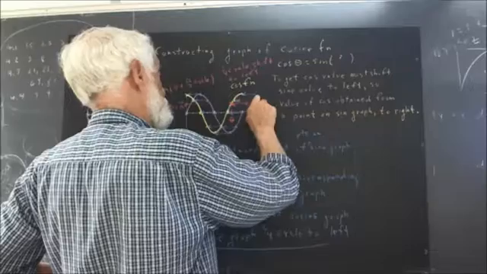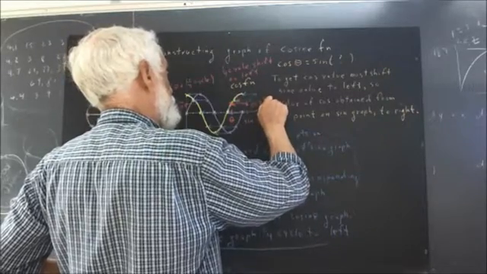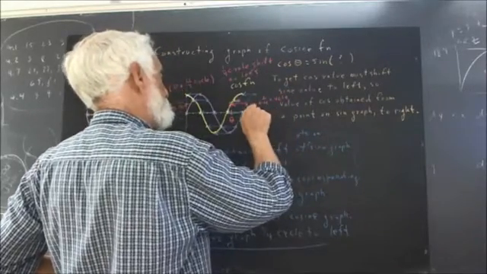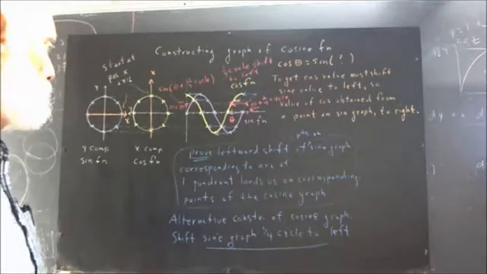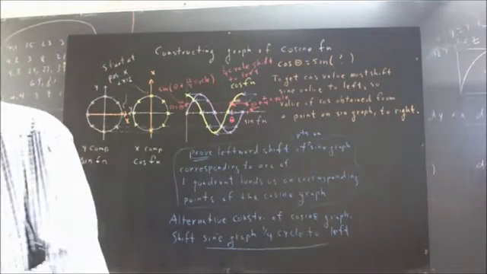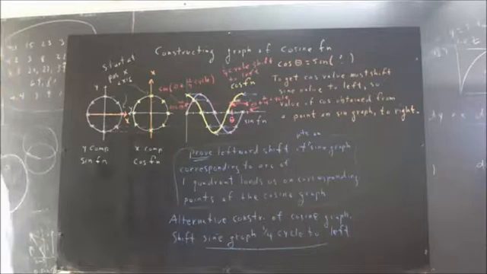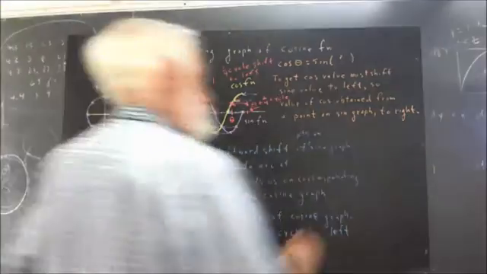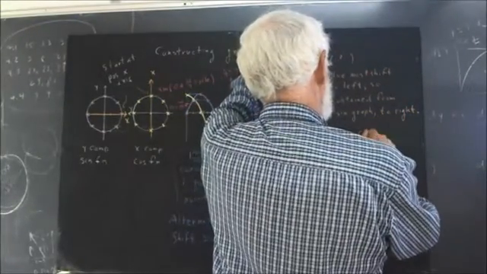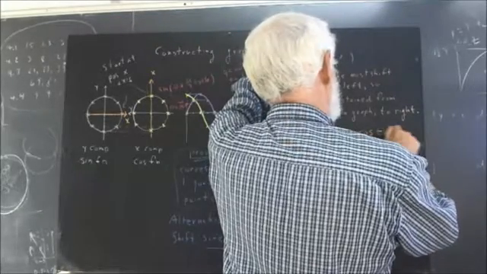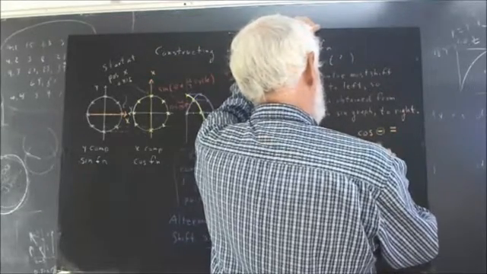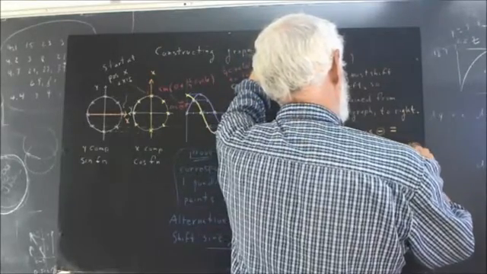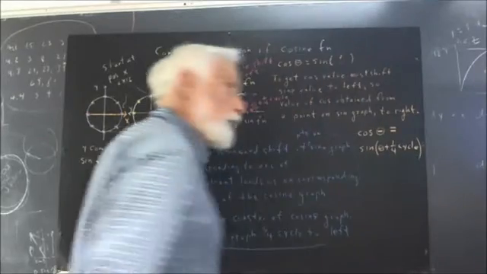So the coordinate of this point is theta plus 1/4 cycle. So we can write this in general then, cosine of theta equals the sine of theta plus a quarter of a cycle.